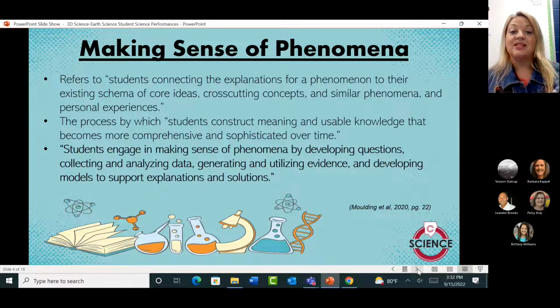Making sense is the process by which students construct meaning and usable knowledge that becomes more comprehensive over time. When our students engage in making sense of phenomena, they're using questioning, collecting and analyzing data, utilizing evidence, and developing models to support explanations and solutions.